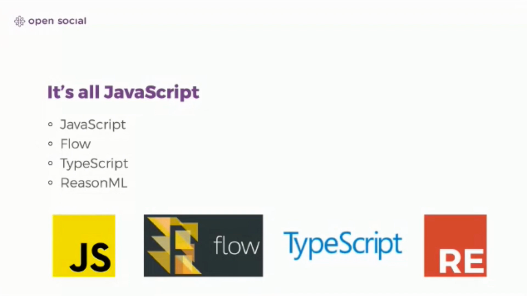We have evaluated Flow or TypeScript, but eventually we decided to choose ReasonML, which compared to the other two is relatively new. The reason that we chose ReasonML is that it doesn't try to improve JavaScript, but instead it uses the OCaml type system to build a separate language that compiles down to JavaScript.